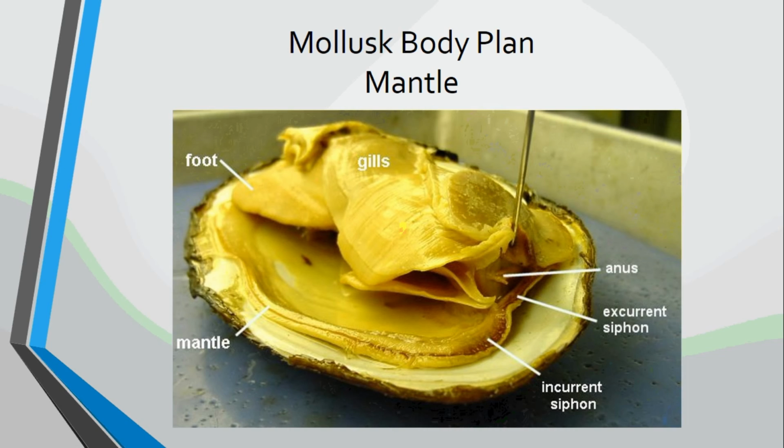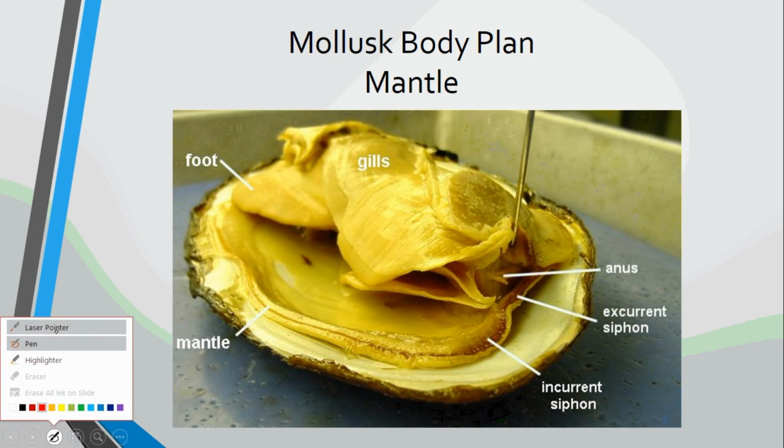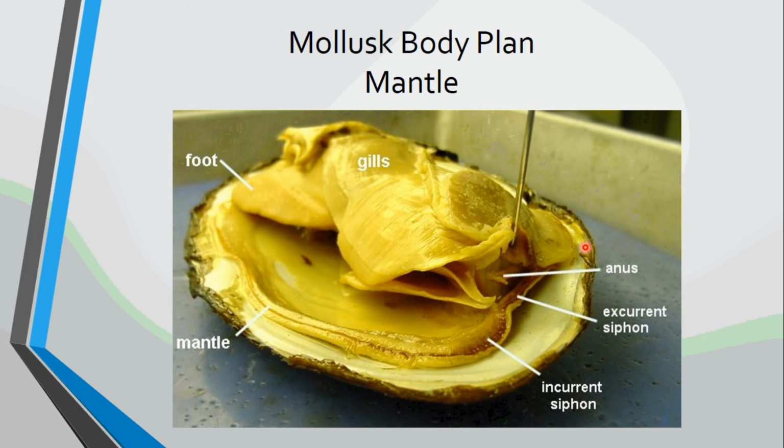So here we'll look at this diagram, which shows the mantle cavity of the bivalve. And let me just switch this to laser pointer. So this is one shell here, one half of the two shells.